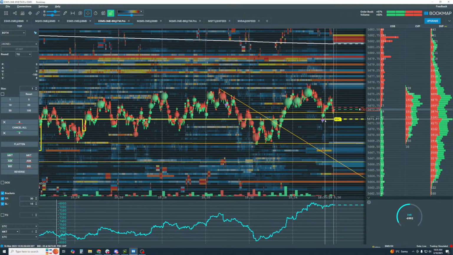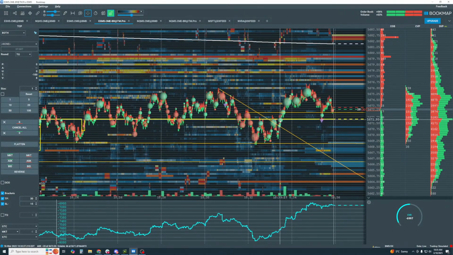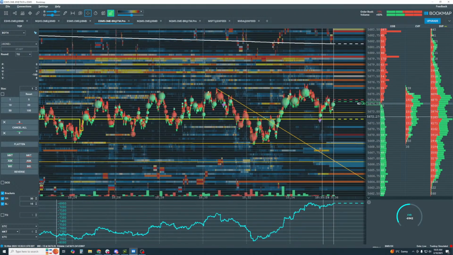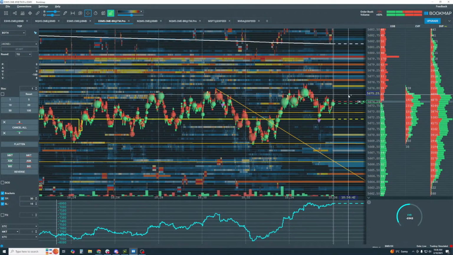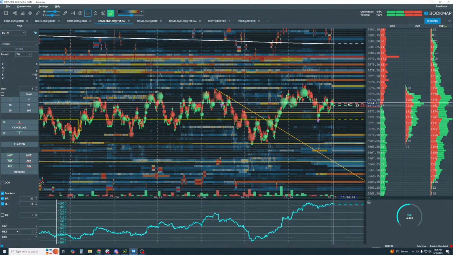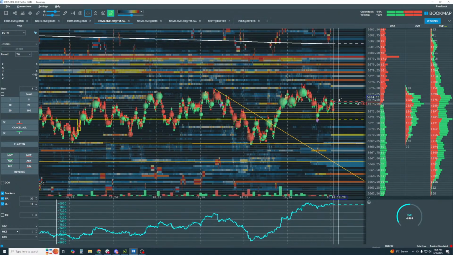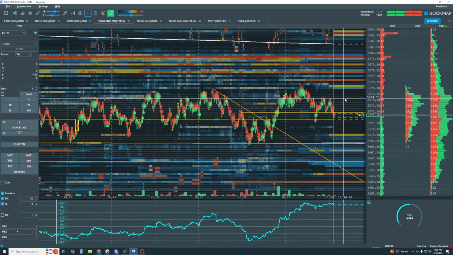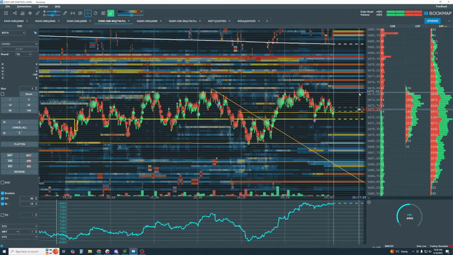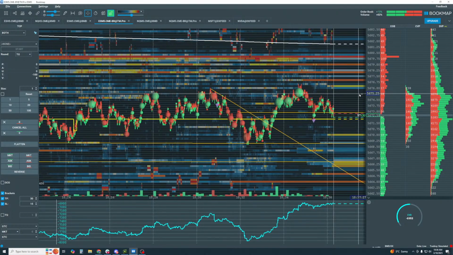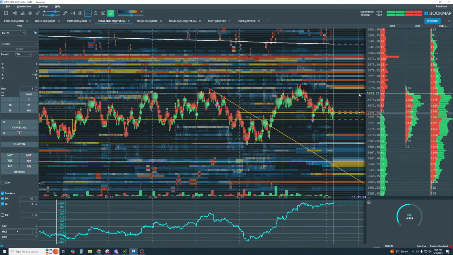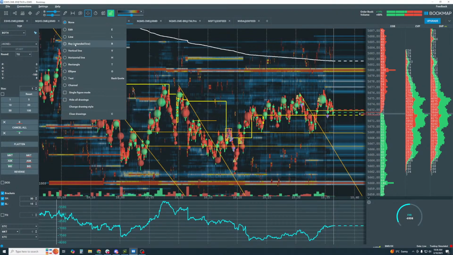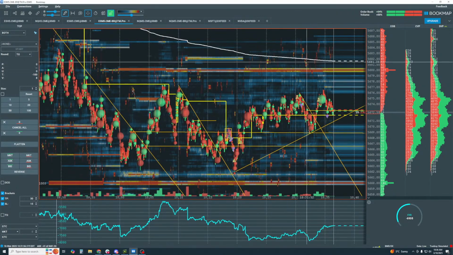Actually, bounce off of POC potentially. And this is where they came in initially, so this is more of a pullback here. How about our trend lines? Just market structure.